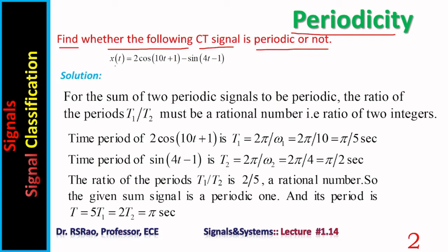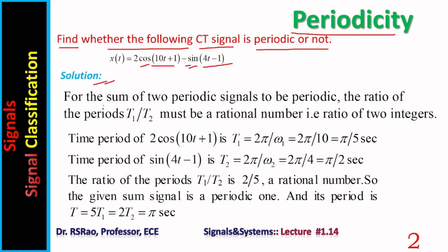Given signal is x of t is equal to 2 cos(10t plus 1) minus sine(4t minus 1). The signal has two components, one cos, another sine. Each one is periodic, but the question is whether the combined signal is periodic or not.